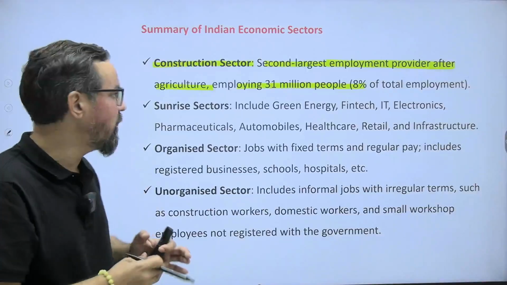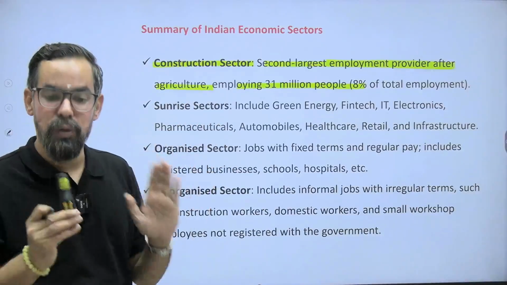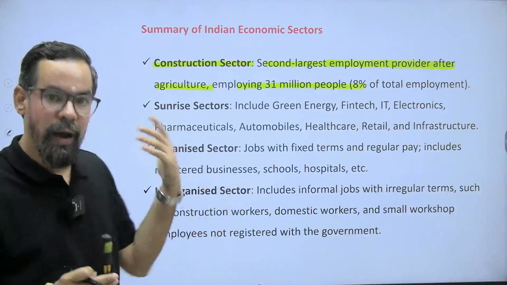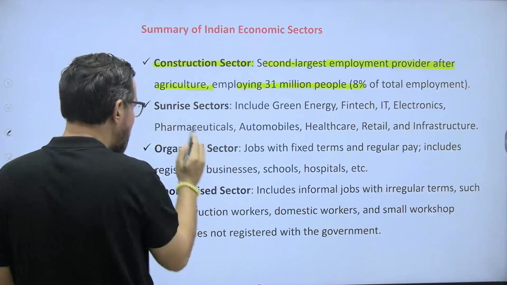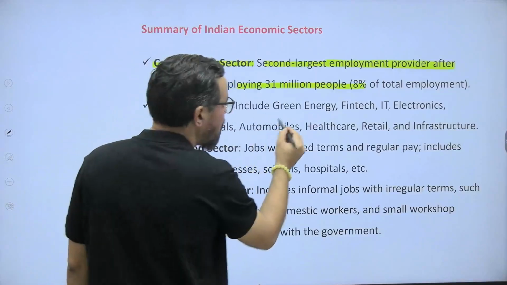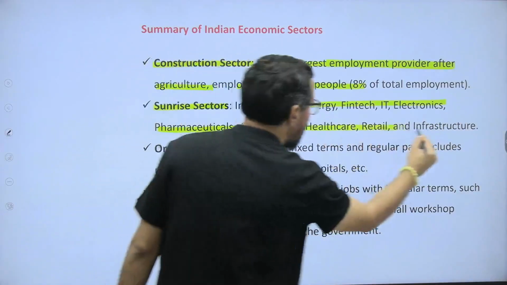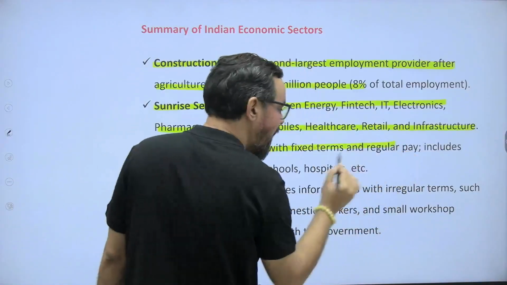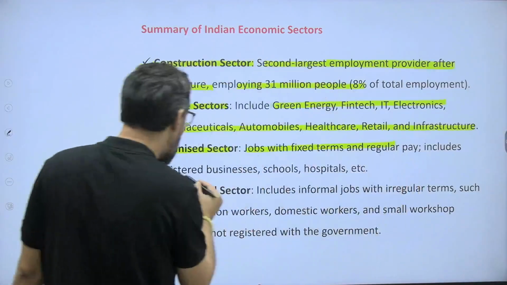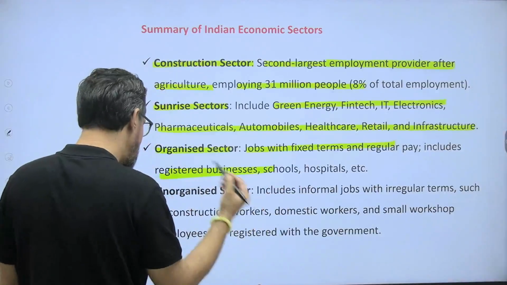So construction means the secondary sector, which is the second largest employment contributor after the primary sector. Sunrise sectors include green energy, fintech, IT, pharmaceuticals, automobiles and all. Organized sectors, jobs with fixed terms and regular pay, include registered businesses, schools, hospitals, banking, insurance.